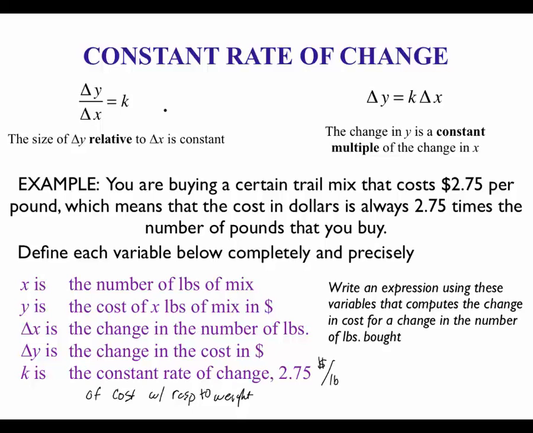Okay, so then we need delta y. How would we get delta y? You can just use that equation: delta y equals 2.75 times your given change in x, so then you can solve for delta y.